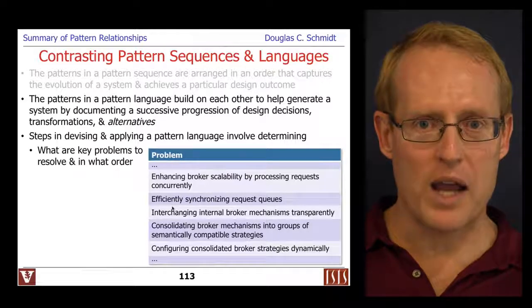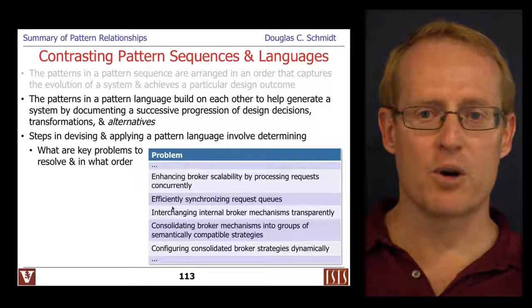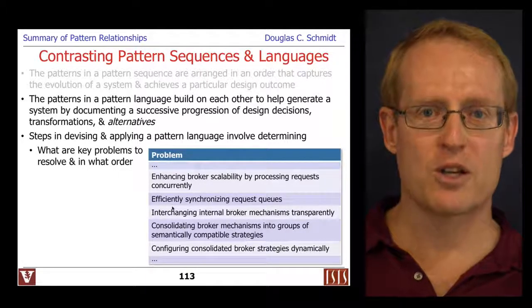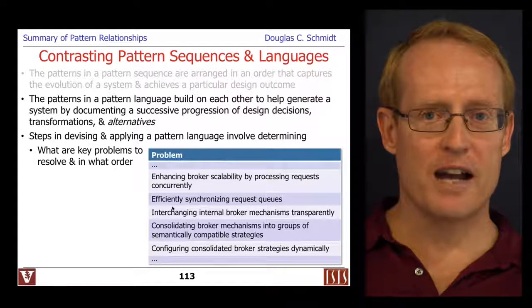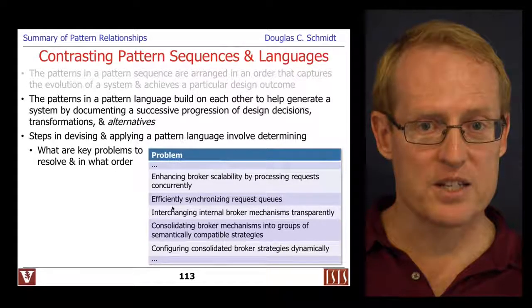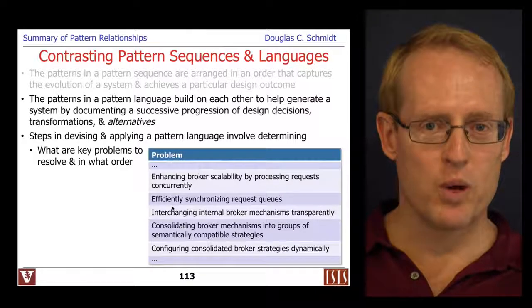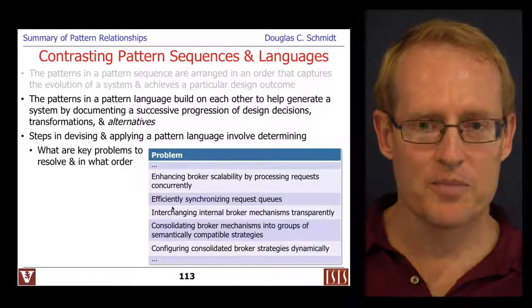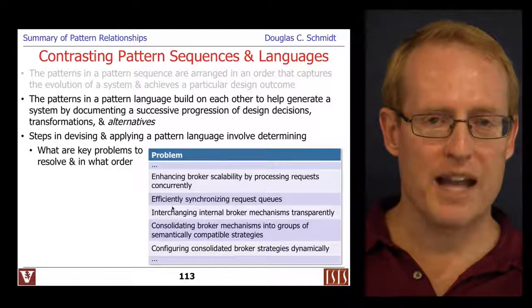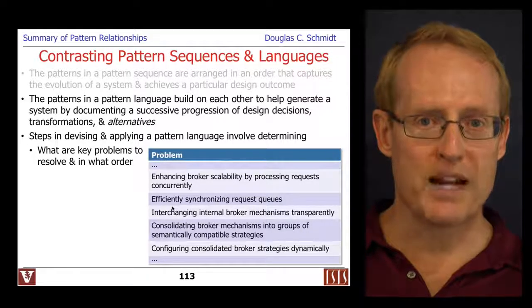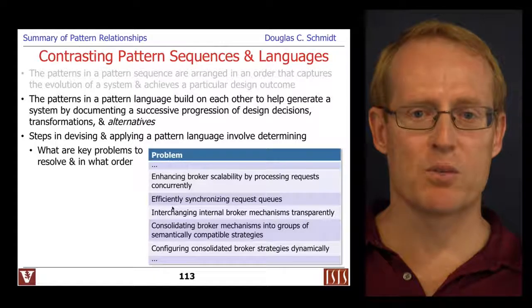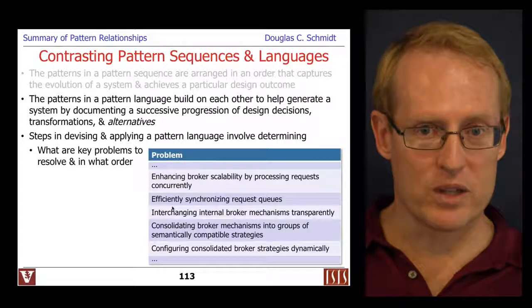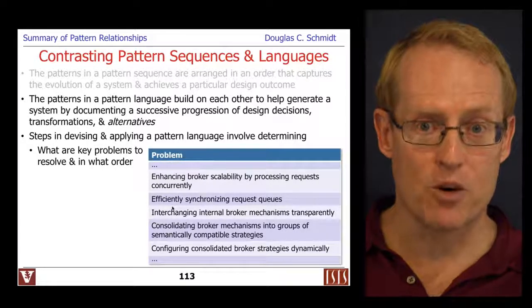We're trying to find a way to enhance the scalability of the Broker by processing requests concurrently. We're trying to figure out how to efficiently synchronize request queues between different layers of threads. We're trying to find ways to swap in and out or plug in and out different Broker mechanisms and so on. These are some of the problems that we're trying to identify. And depending on what the problems are, we may have to do them in a particular order.